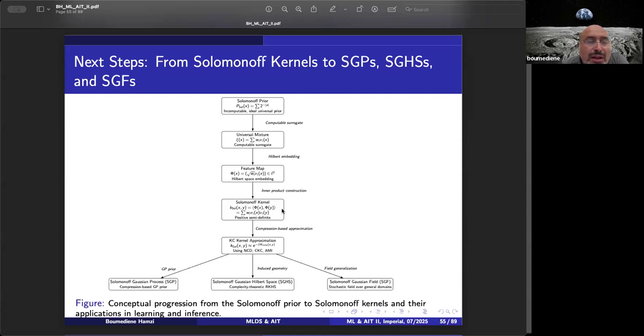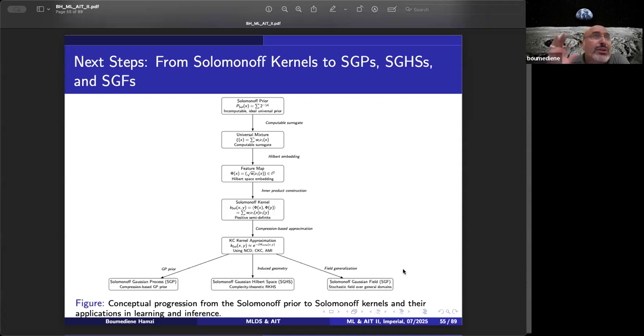The advantage is that once we get on good footing, we can define a new kind of Gaussian processes, which we call the Solomonoff Gaussian process. We also introduced new kinds of spaces. Marcus talks about Kolmogorov spaces, but we can also talk about Solomonoff Gaussian Hilbert spaces, which are a complexity-theoretic RKHS. You can also talk about Solomonoff Gaussian fields, where we would be able to combine dynamics and complexity.